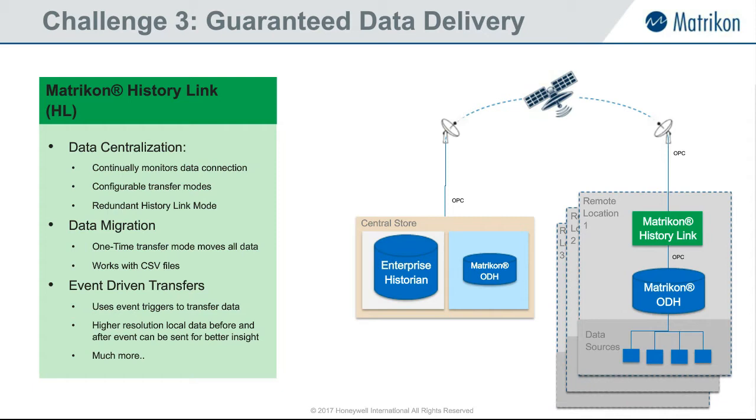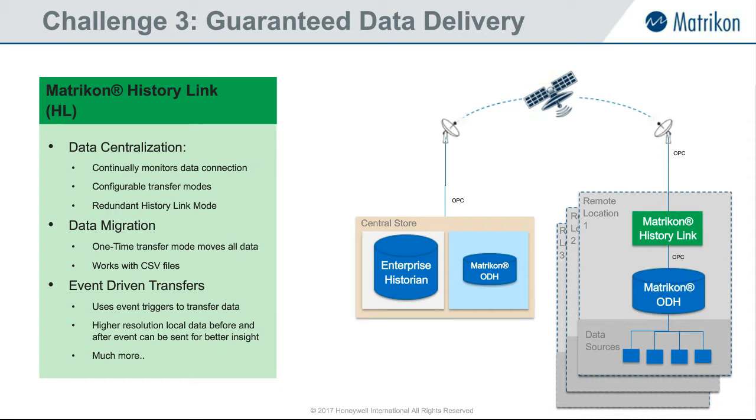Another key feature I'll mention here, and it's not that you would necessarily use all the functionality, there are just different capabilities that surround the same topic, which is how historical data is managed and delivered. The third one I wanted to touch on is event-driven transfers. You can identify in HistoryLink what you want to be monitored, which tags, what values.